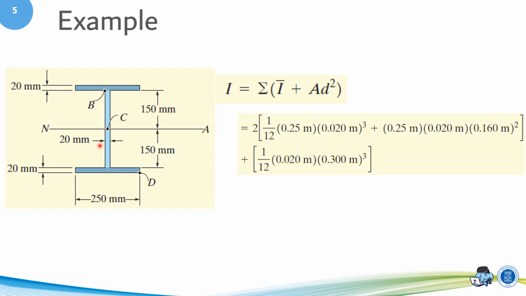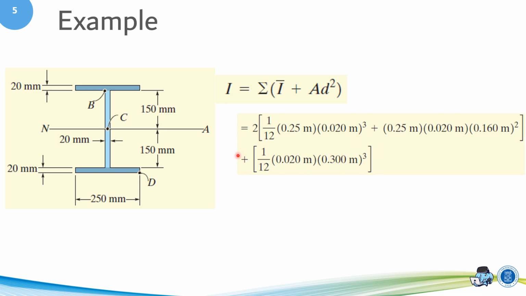The flange does not need the parallel axis theorem because the axis here already goes through the centroid of the flange. So we can directly calculate the moment of inertia of the flange using this calculation.